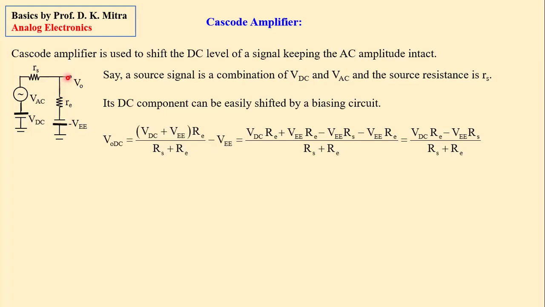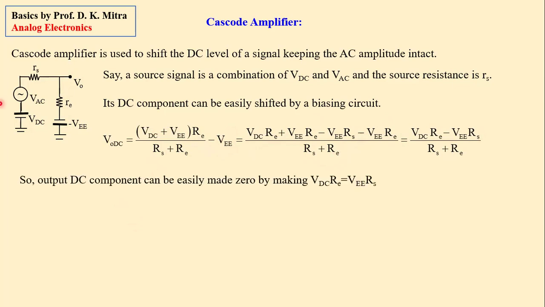This is the DC output here, right? So this is VDC RE plus VE RE minus, just do the simplification, VE RS minus VE RE. This VE RE and VE RE gets cancelled. What we're left with is VDC RE minus VE RS divided by RS plus RE. Right?